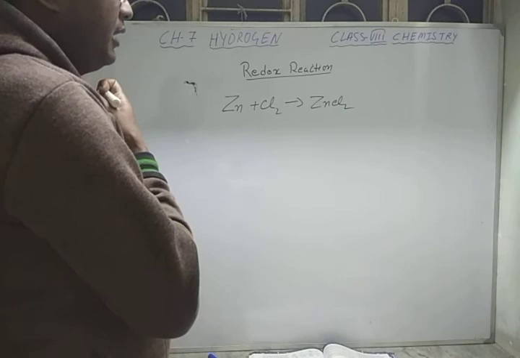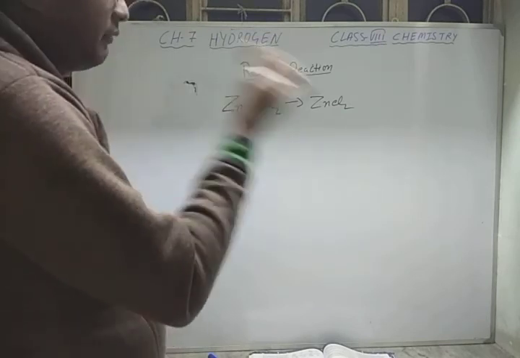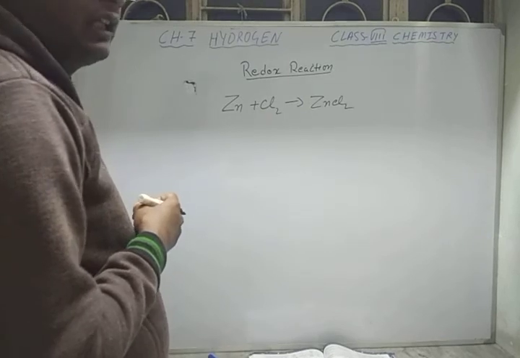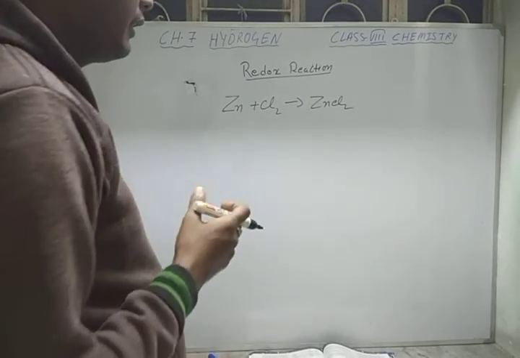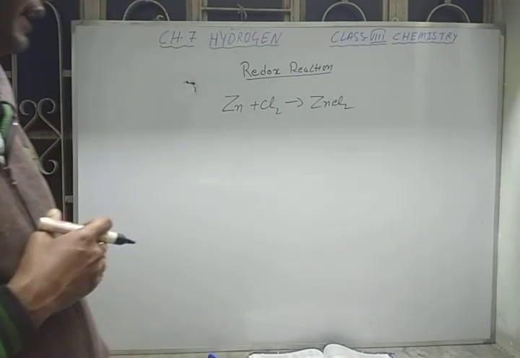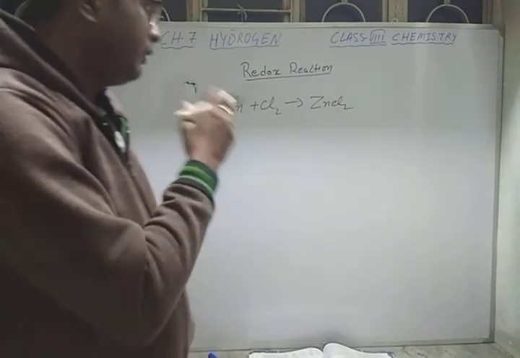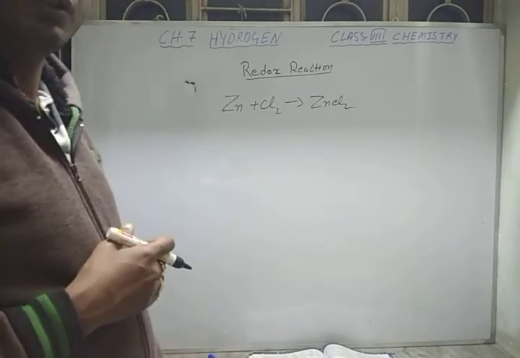That means they will become stable, attaining the nearest electronic configuration of the noble gas. So here zinc will lose 2 electrons and chlorine will gain 2 electrons.